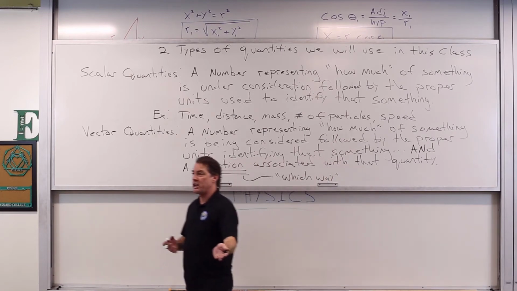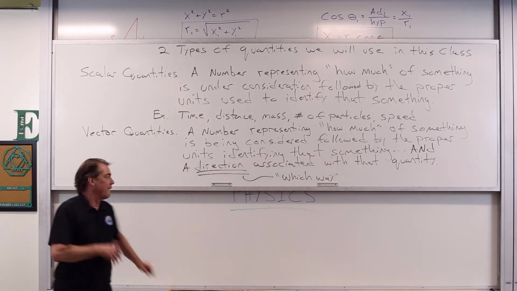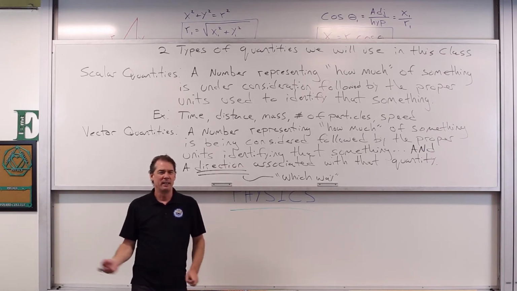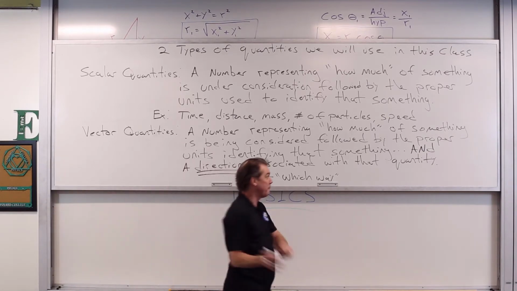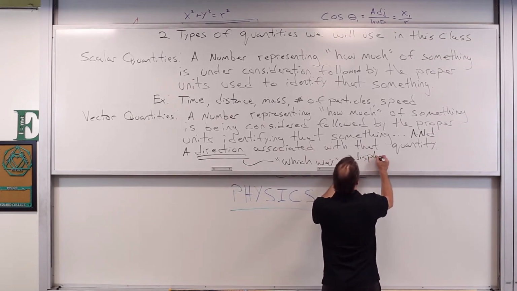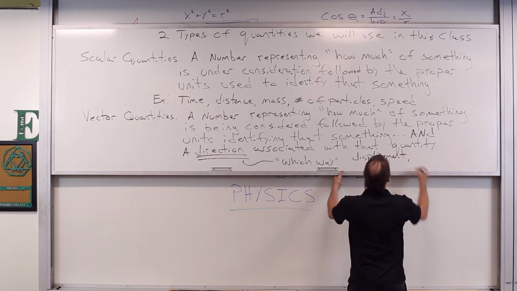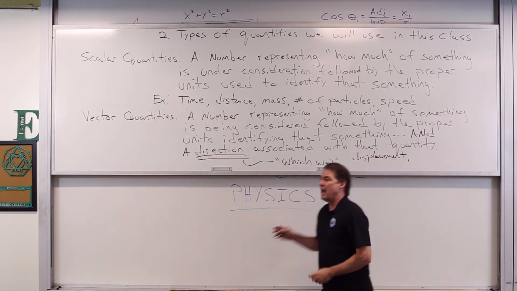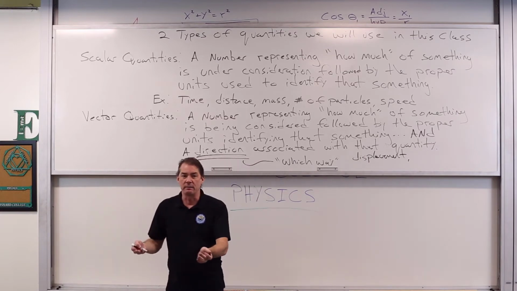There's direction associated with which way I'm moving. That's not distance anymore. That's noted as displacement. We'll touch on this quite a bit more as time goes on, but displacement, velocity, that's how fast you're going and what direction you're moving in.